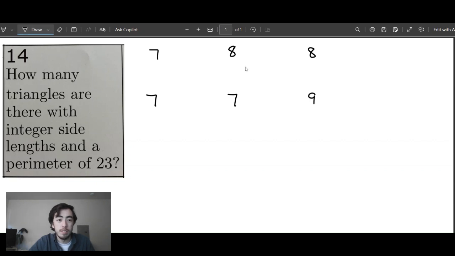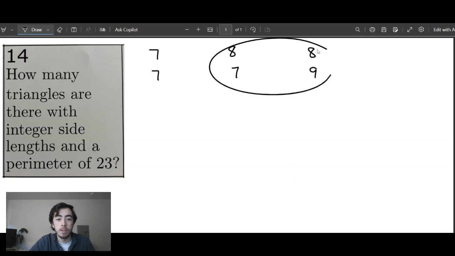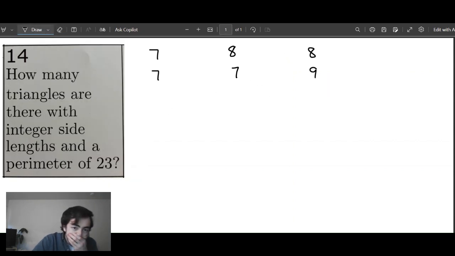And so I guess maybe 7, 7, 9 makes the most sense to me next, just because that changes these values, but the smallest one still stays the same. Because there's no way that this could have been an 8. Because again, 8, 8, 8 would have been 24. That's too big. So I think I'm going to try to keep my smallest number on the left side.